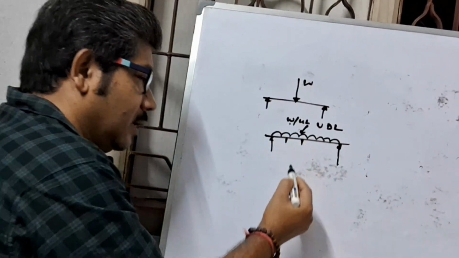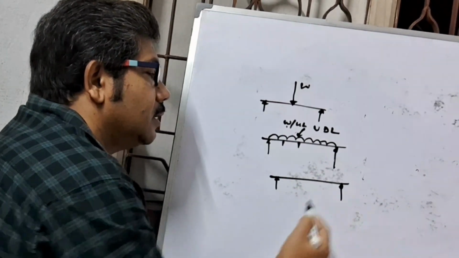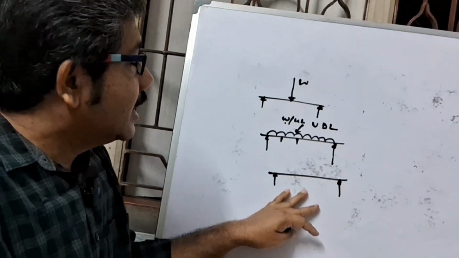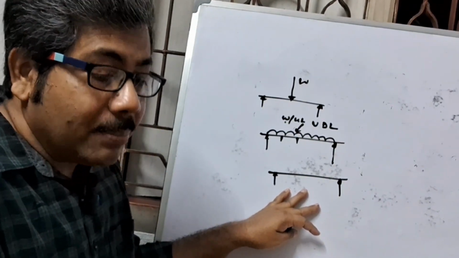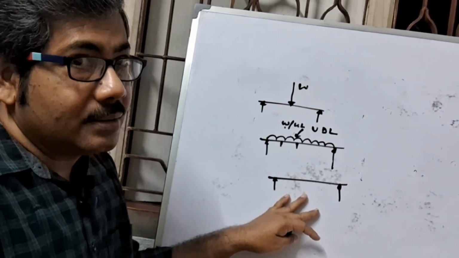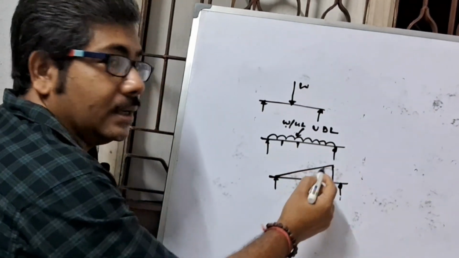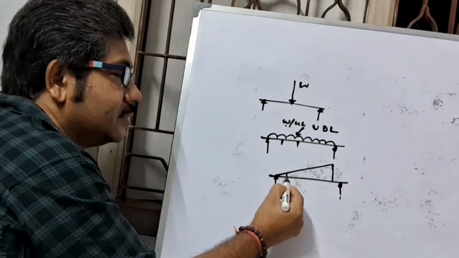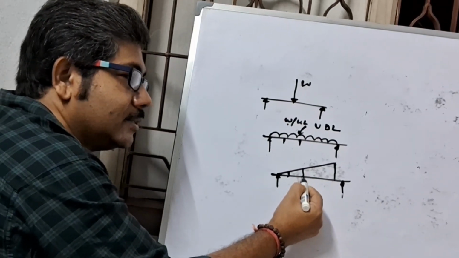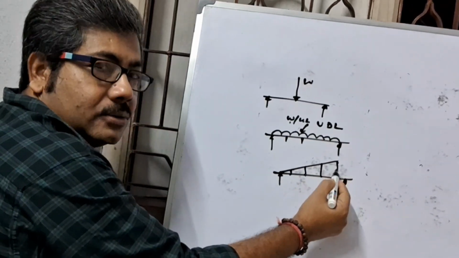Now the load which is spread over the beam in such a manner that its extent varies uniformly along its length. That means if 1 centimeter carries 1 Newton, then the next 1 centimeter carries 2 Newton, then the next carries 3 Newton, in this way.